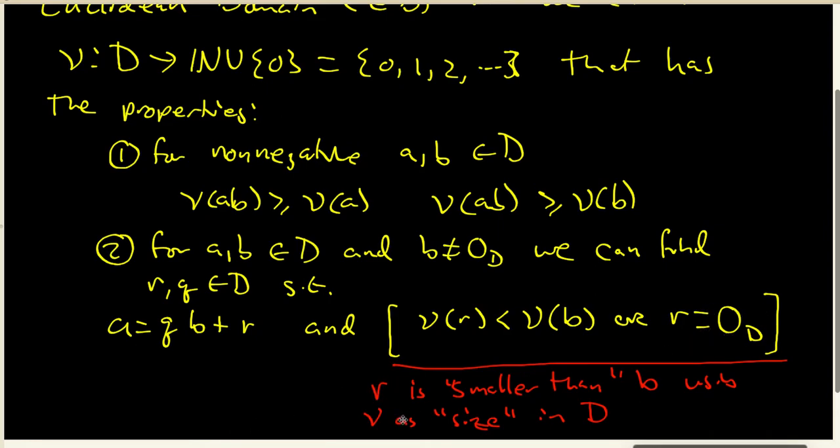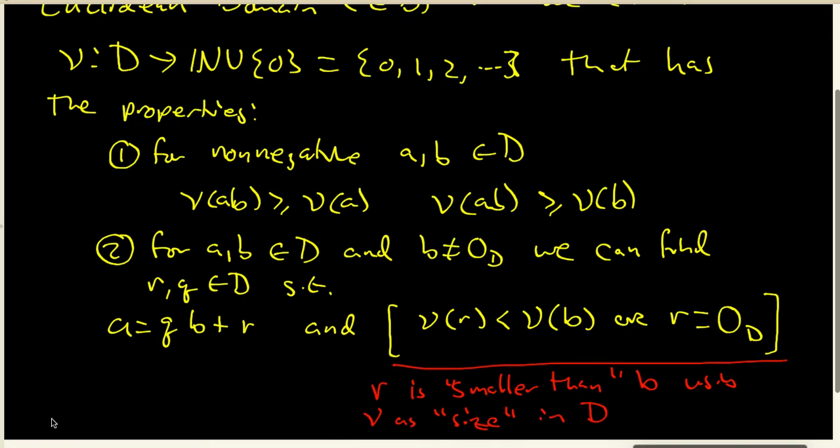So this is basically saying that if B doesn't divide A, then the remainder has to be strictly smaller than the divisor B, under this notion of nu being what tells us the size.